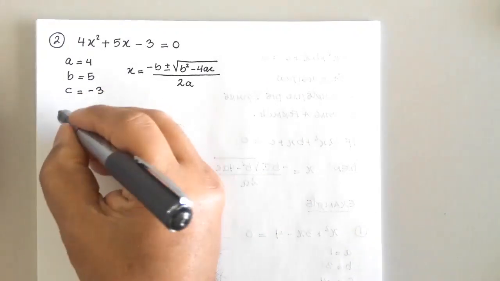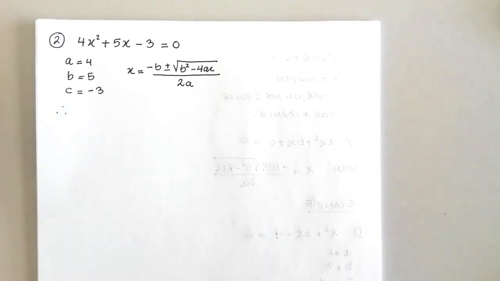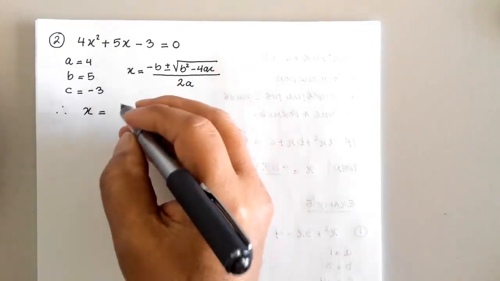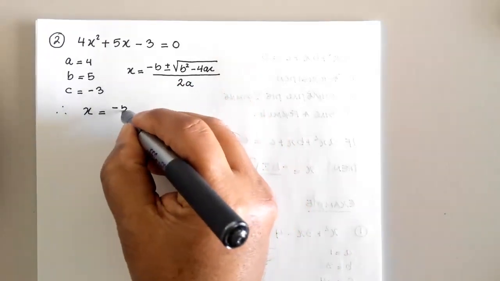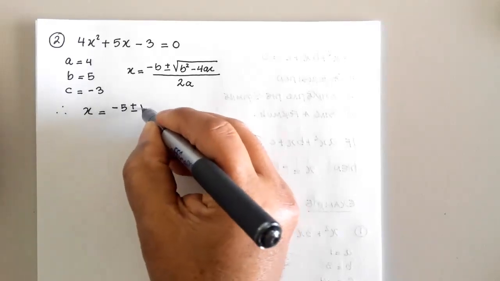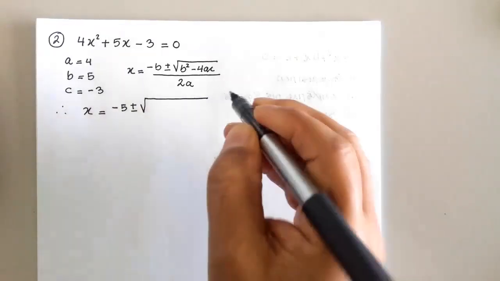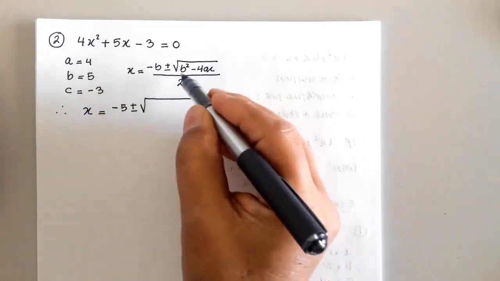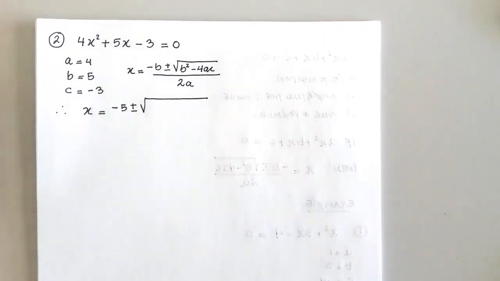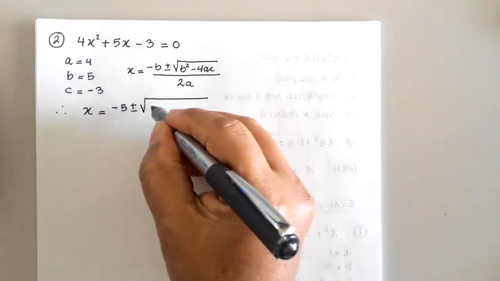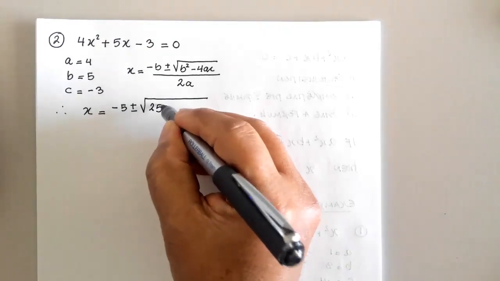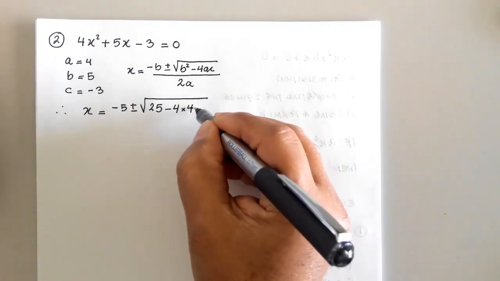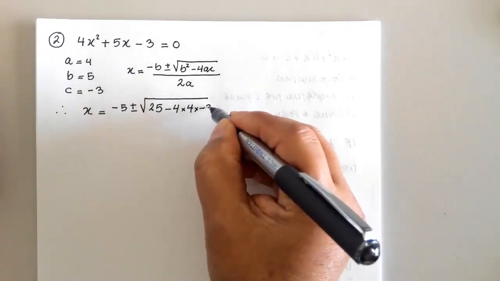So therefore x is equal to minus b, which is minus 5, and then plus or minus a square root of, the square root goes all the way up to here, so you need to cover all this. So it's b squared, so it's going to be 25 minus 4 times a, which is 4, and then times c, which is -3.